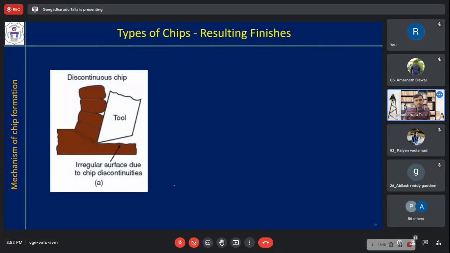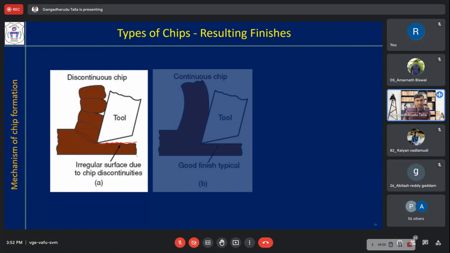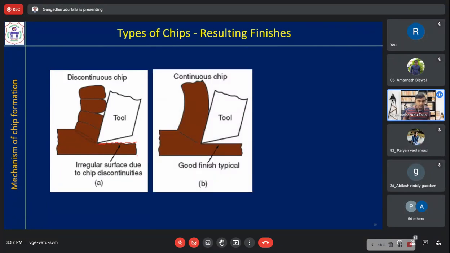So far we have seen discontinuous chip. If a discontinuous chip is there, there is an irregular surface due to chip discontinuities. The chip is breaking and the workpiece is engaged. Here you can see there is some zigzag surface. This we have understood earlier. The chip is breaking and the tool is engaging with the workpiece again, like that.